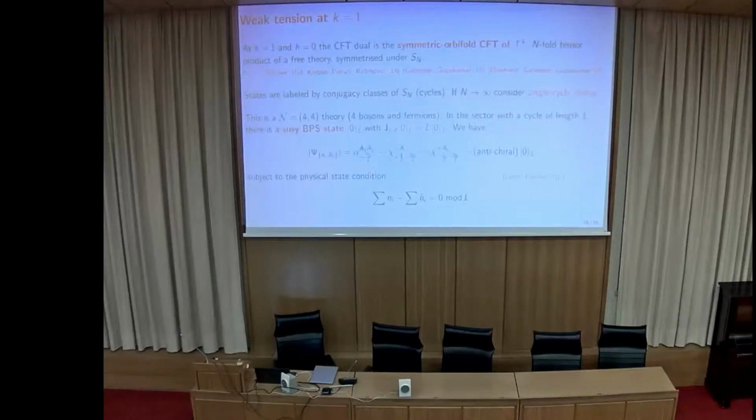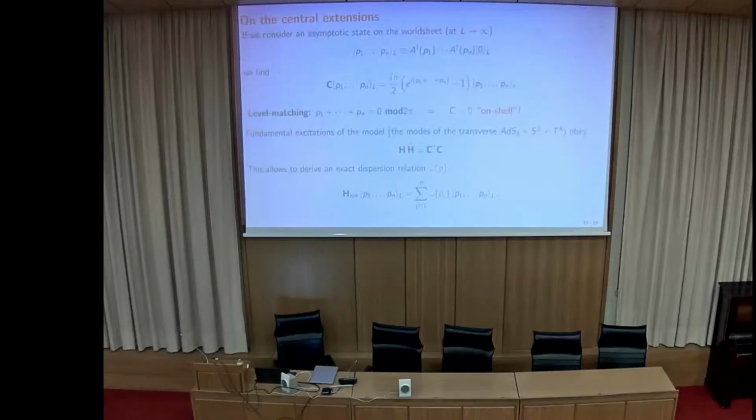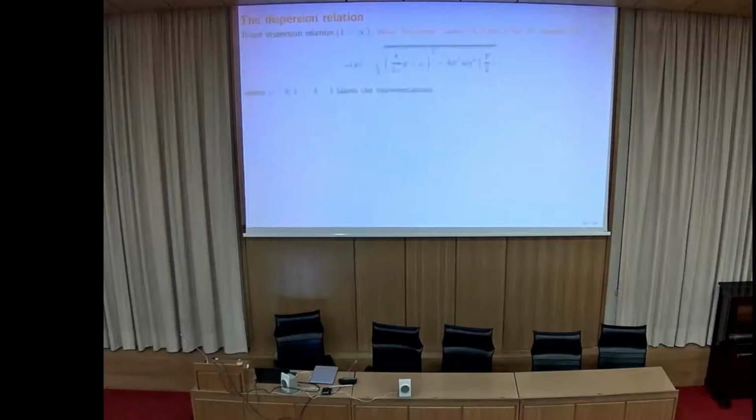Yes, and let me try to explain. Let me go back to this dispersion. The dispersion relation is just linear. In this case it has this simple form, and it is the same for all particles. The S matrix becomes proportional to the identity, and then it's very similar to what Dubovsky did for the flat string.